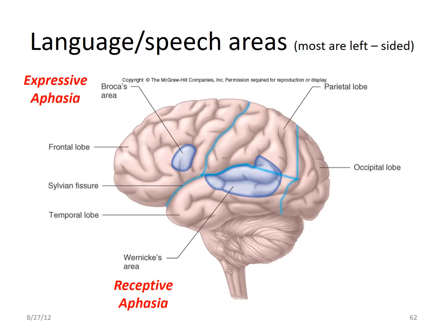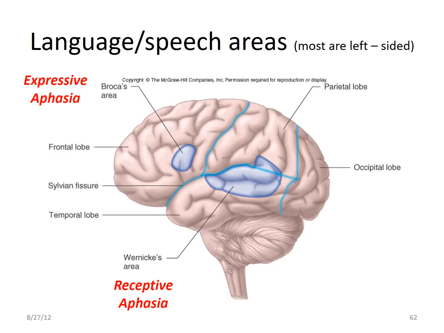So receptive aphasias can occur due to strokes which happen in the temporal lobe, and expressive aphasias can occur due to strokes which happen in the frontal lobe.